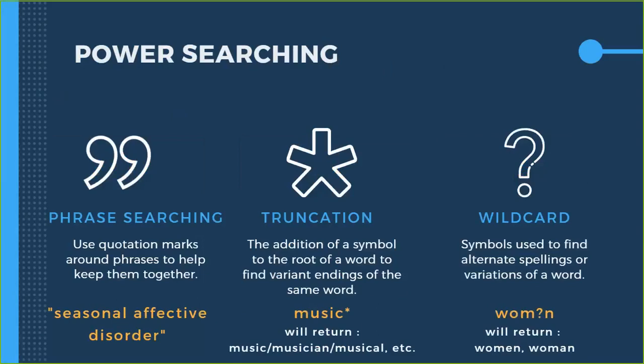That phrase searching will narrow your search results by allowing you to define precisely how you want the words to appear. These three words are a phrase, and we need these three words to be sitting next to each other in the article that we're looking for. So that's why we put those quotations around it, to make sure the database is bringing us back results where those three words are next to each other.